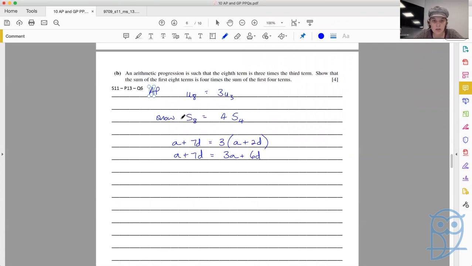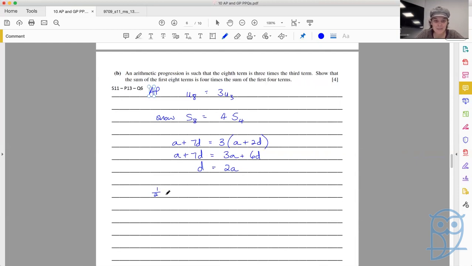And now we need to show S8 equals 4S4. So let's get this tidied a little bit more. Let's get our 2a equals 7d minus 6d, which is d. Because now you can see we can simplify the world. Okay, it does work, I promise.